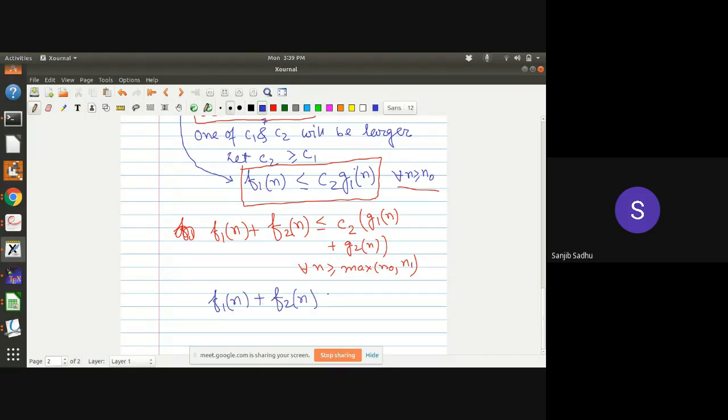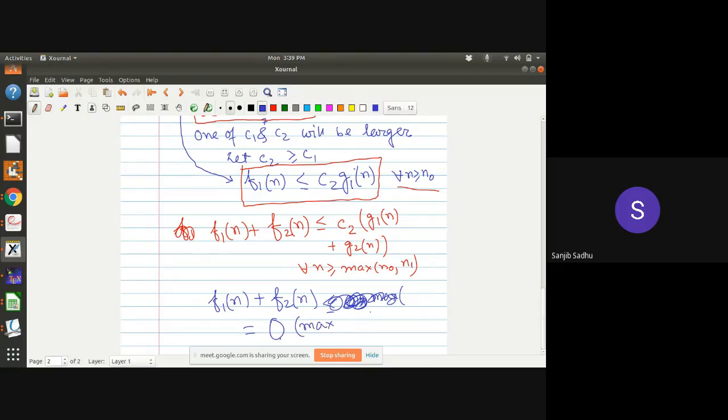So from this I can say, you can take the proof; I think it is in the Coreman, and in other books also you can see the proof. It is some constant c2 into max of g1n, g2n. So f1n plus f2n is big O of max of g1n, g2n.